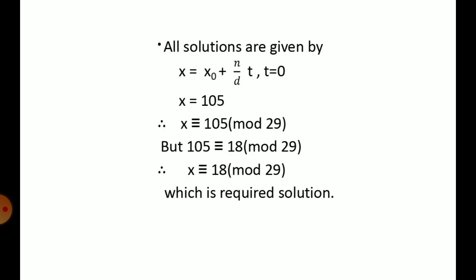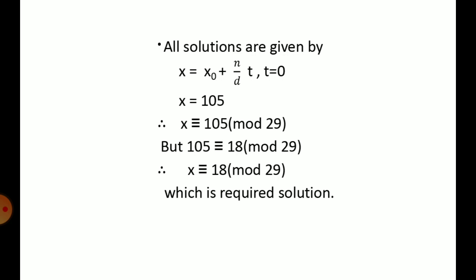Then all solutions are given by x equals x0 plus n by d into t. Here t is equal to 0. Remember that we have taken t equal to 0 because the value of d is 1. The solutions start from taking t equal to 0, t equal to 1, t equal to 2, up to t equal to d minus 1.